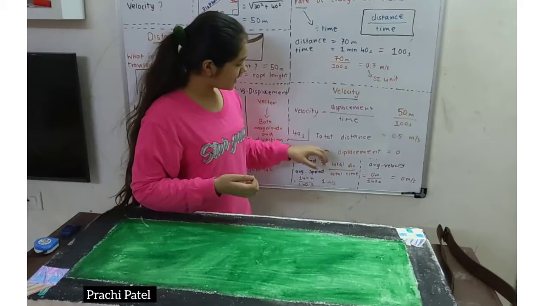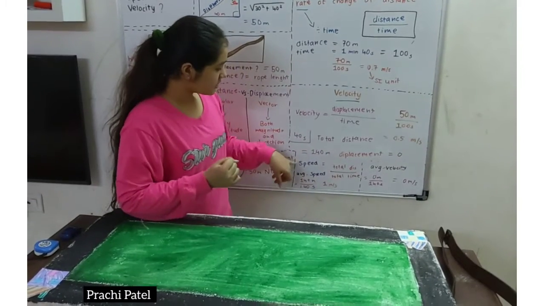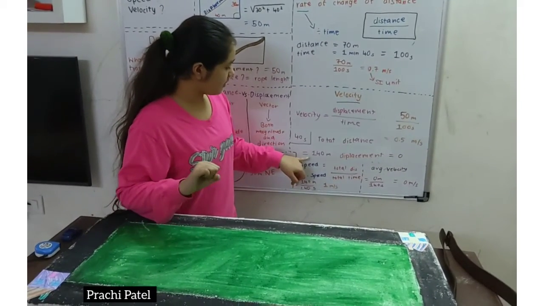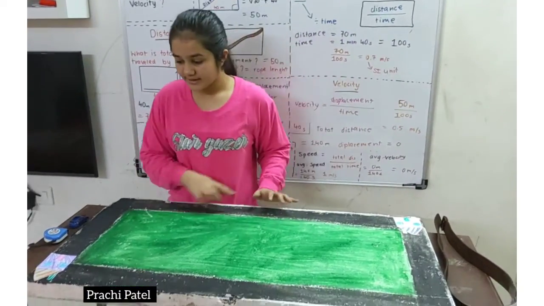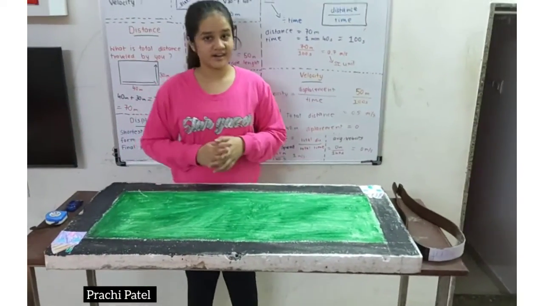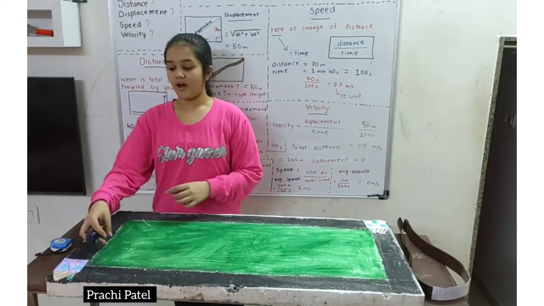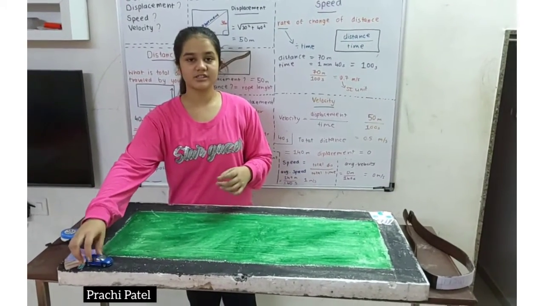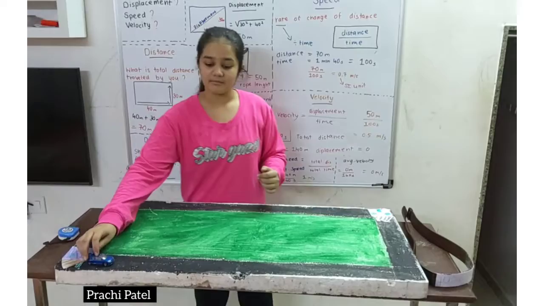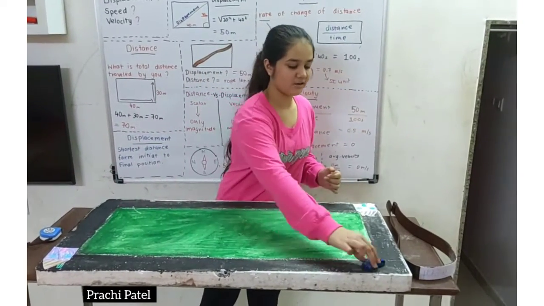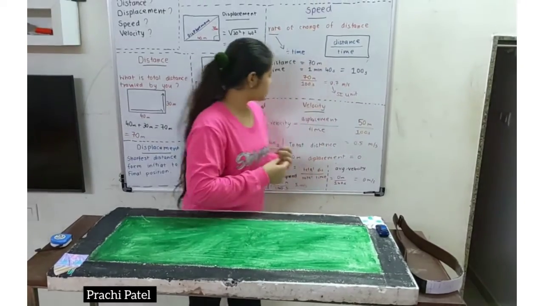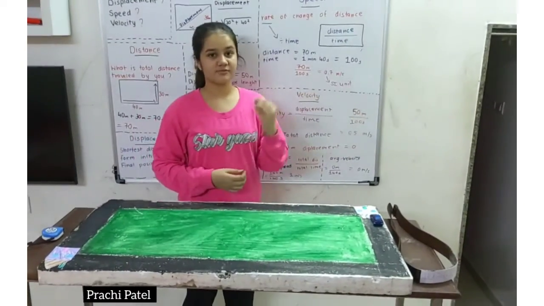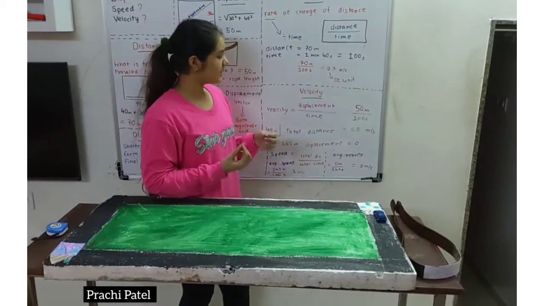Now, the total distance we travel. How could we get 140 meters? I went from here, which took 100 seconds. But when I came back, I used my friend's car. I came by this kind of route, which just took me 40 seconds. So when we total 100 plus 40, that is 140 seconds.